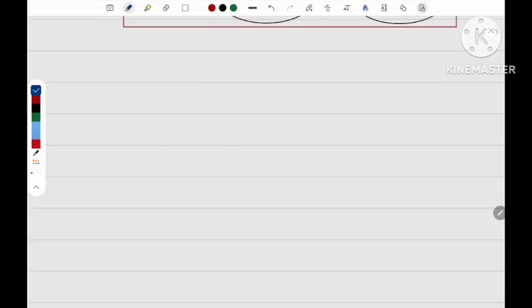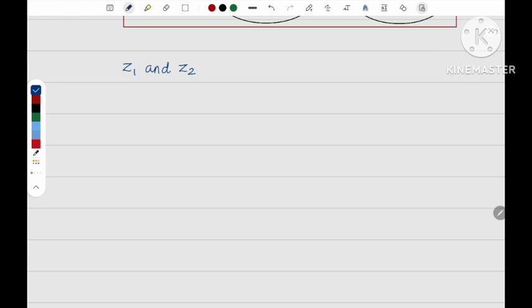Okay, so we have seen addition, subtraction, multiplication, and division of complex numbers. So let us say z1 and z2 are two complex numbers.